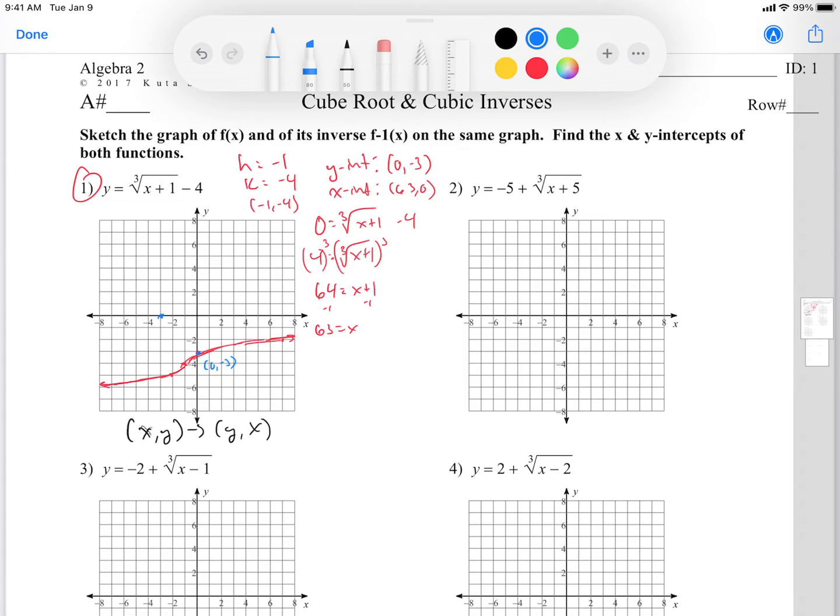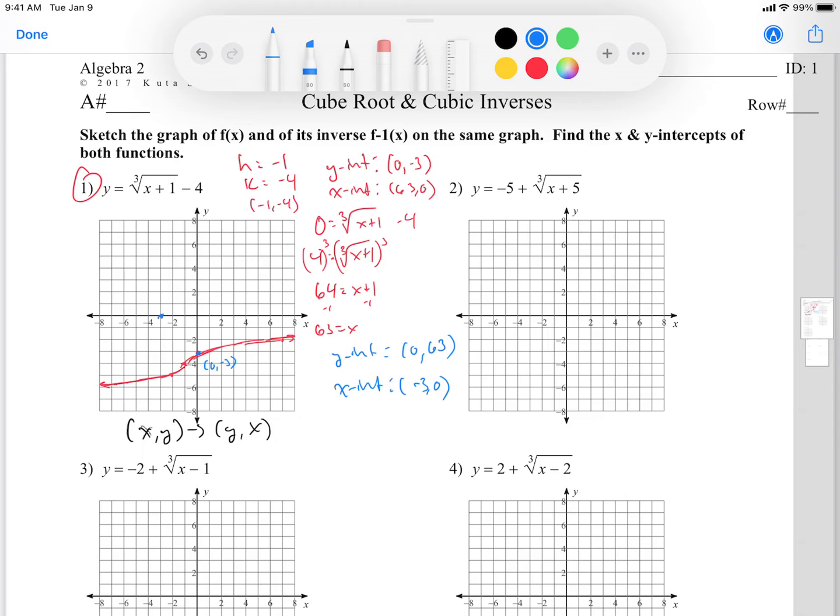Okay? So for this one, my x-intercept should be -3, 0. And now we should anticipate my y-intercept to be 0, 63.